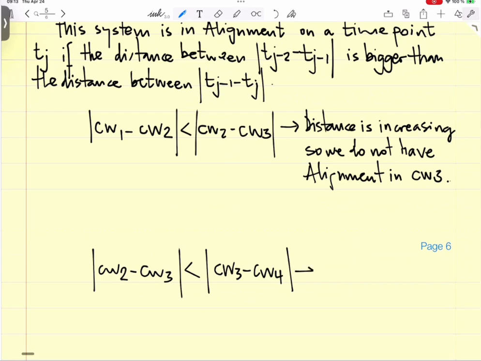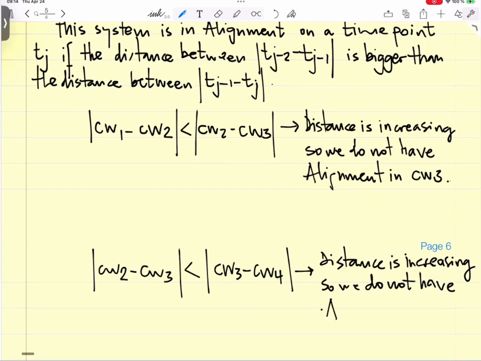Distance is increasing. So we do not have alignment in calendar week 4.